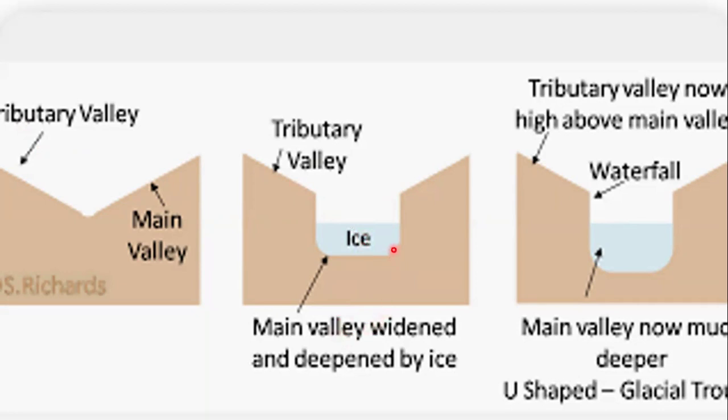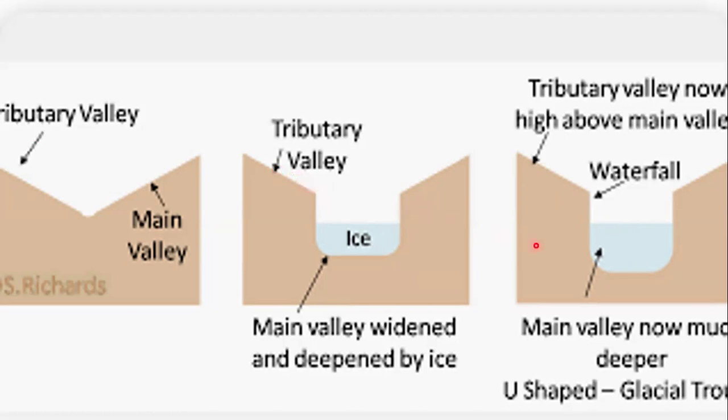Why? Because the volume of ice is more and the work of erosion is also high due to it. Whereas the tributary valley contains comparatively less ice, so the erosion done by the tributary is also less.